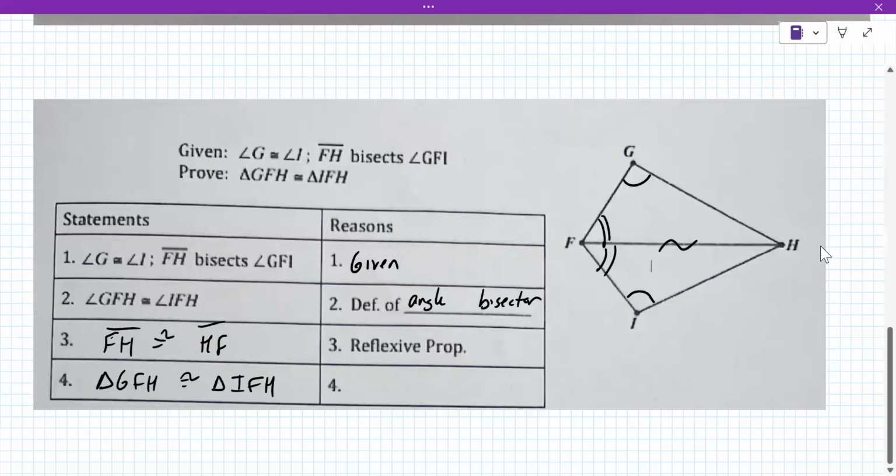What makes these two triangles congruent? What is the same in both? In terms of, we got a side, what else? Angle. Anything else? Side. I only see one side, but two angles. So is it side angle side, or is it side angle angle?